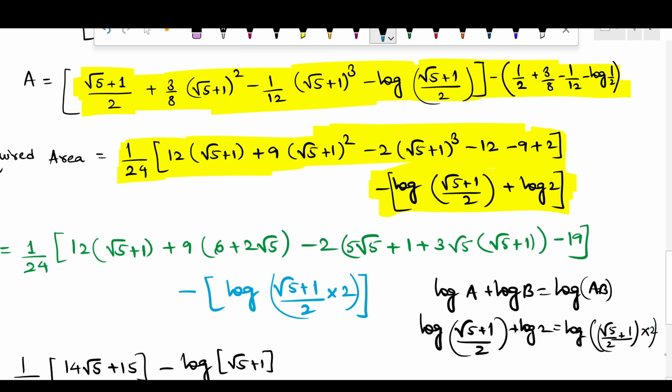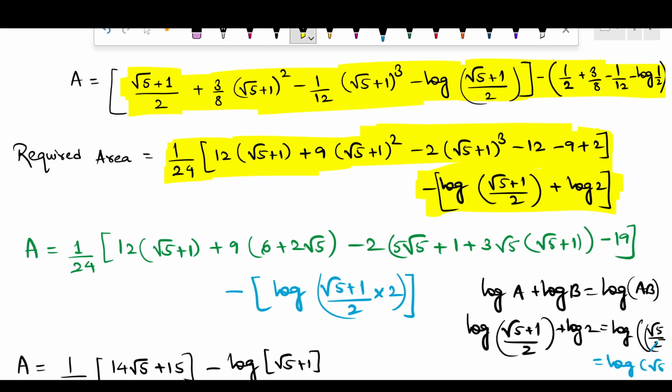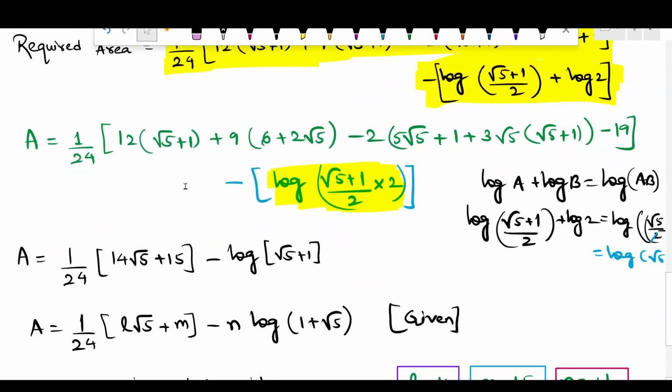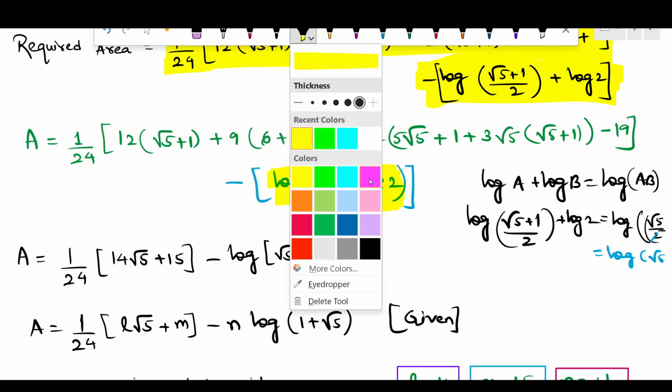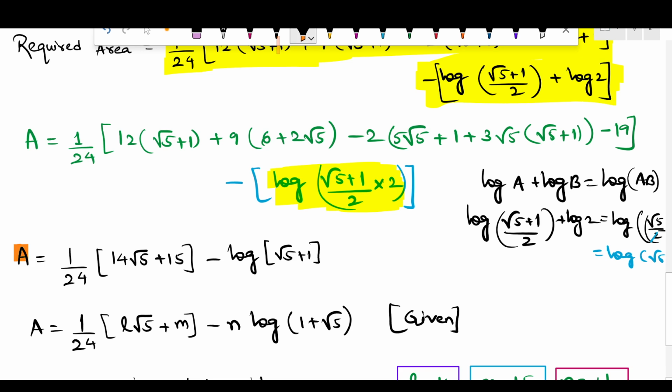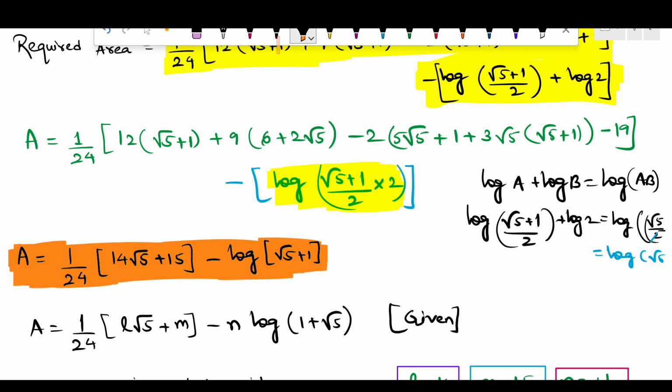So this 2 and this 2 get cancelled out, so we are left with log (root 5 plus 1). We have used this formula only over here, as you can see, right? So finally we have got our answer: the required area is 1 by 24 times (14 root 5 plus 15) minus log (root 5 plus 1).